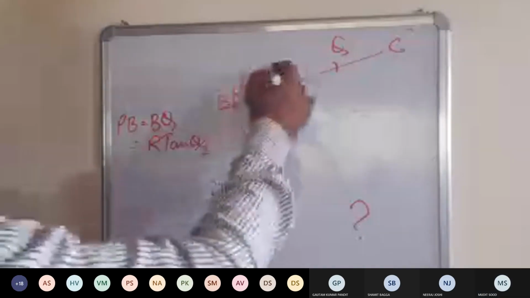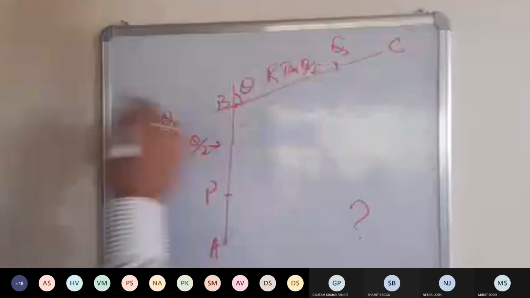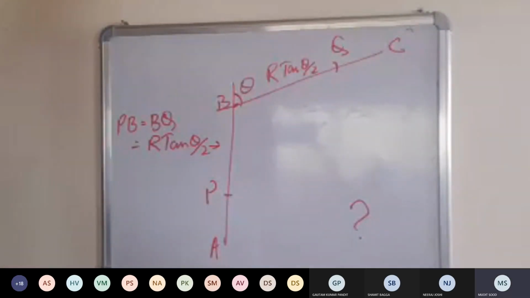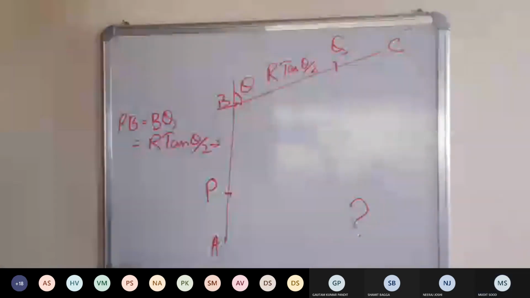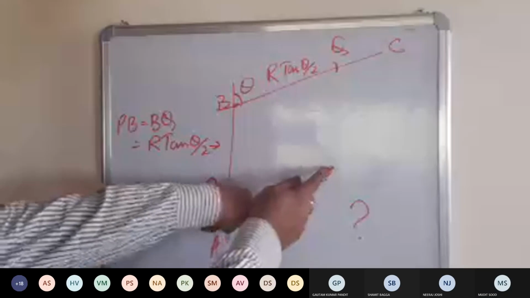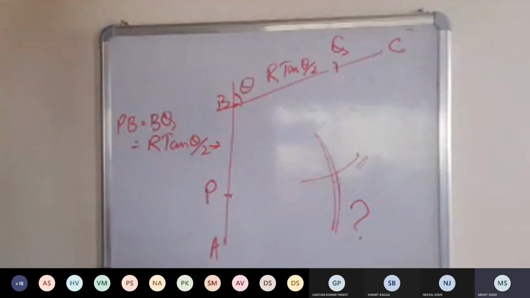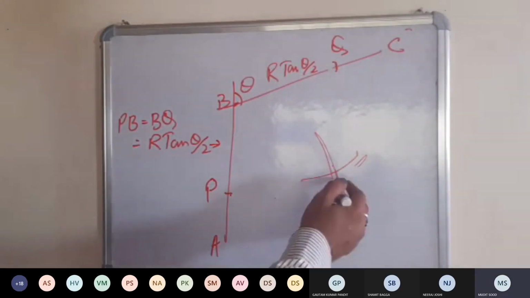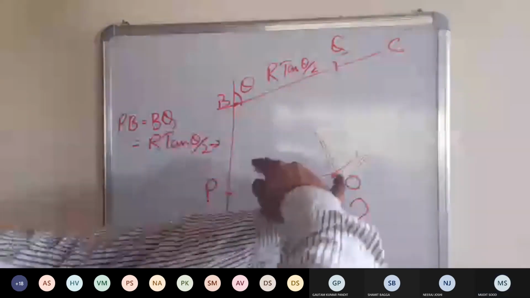So we cut this as r tan theta by 2, and this also r tan theta by 2. Now from points P and Q, we take the compass and cut an arc equal to the radius, and from here also we cut an arc equal to the radius. This point is the center O. Now with the compass reversed, we draw the radius arc.